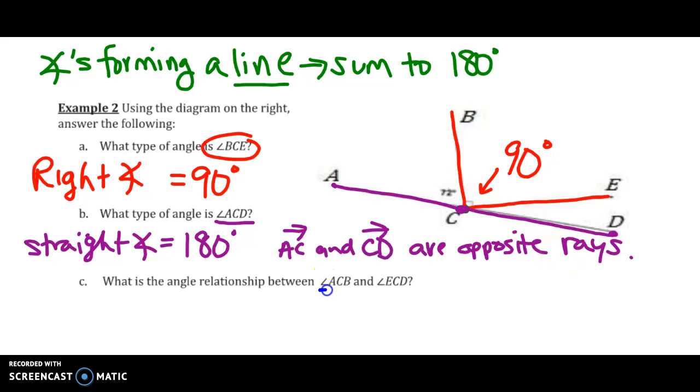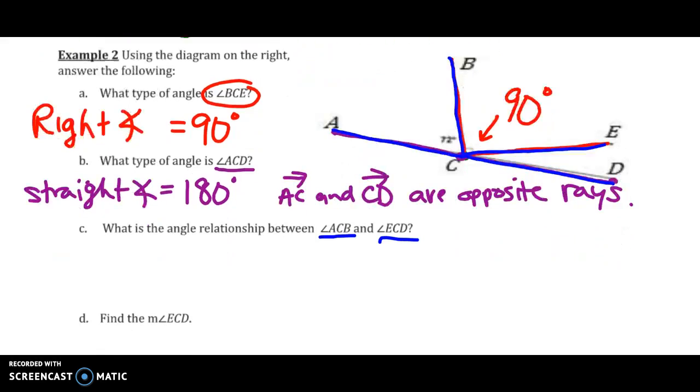What is the angle relationship between ACB and ECD? Well, let's think about this for a second before we answer. We know that all 3 of these angles have to add to 180.